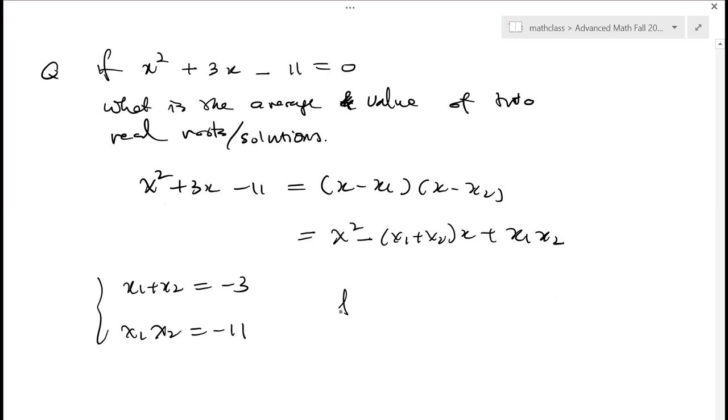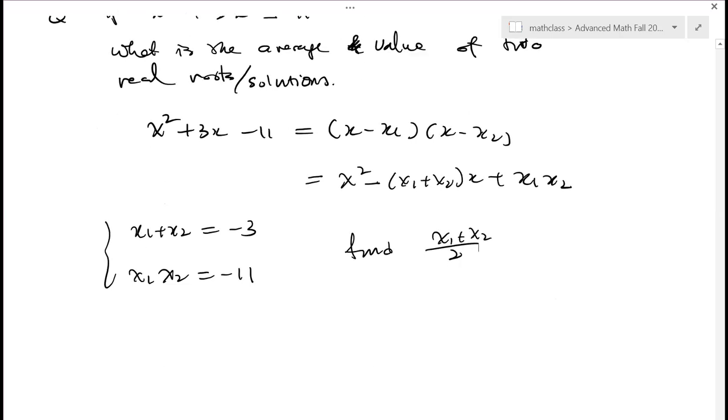Okay, what do we want to find out? We want to find out the average value, right? But that's obvious here. You already have the sum of the roots. So it's -3 over 2.